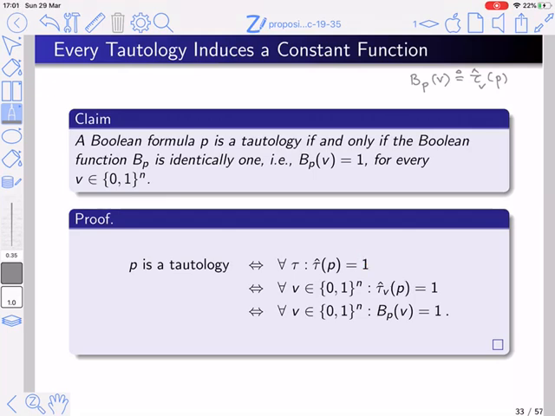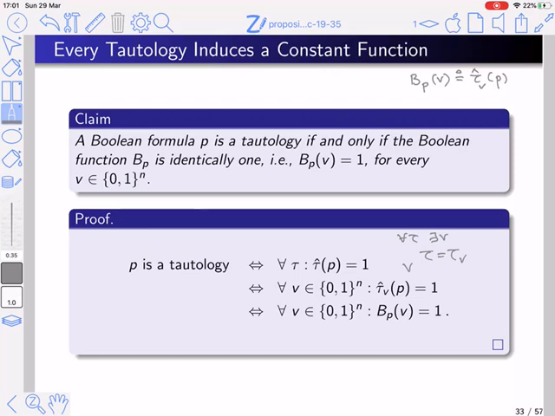Now, we have a bijection between truth assignments and binary strings. So we can replace tau by binary strings and view tau as the truth assignment induced by tau sub v. For every tau, there exists a v such that tau equals tau of v. Right?